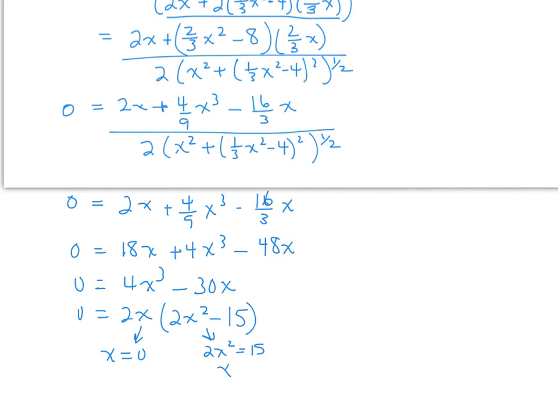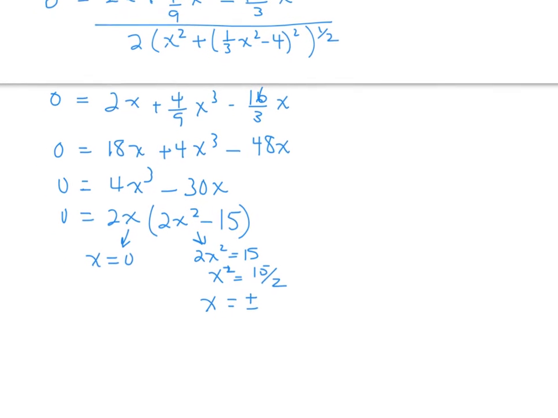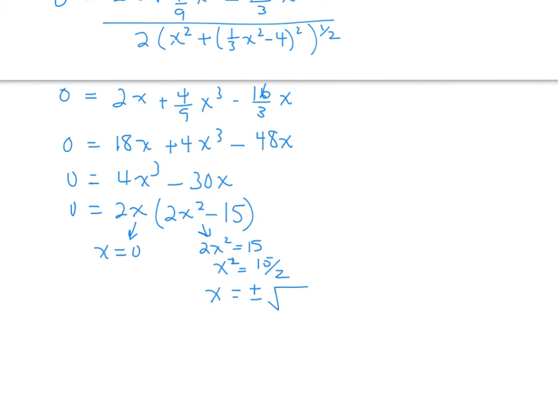Divide both sides by 2, x squared equals 15 halves. x is going to be equal to positive or negative, sorry, square root of 15 halves. All right. From there, we just need to make sure we have our minimum happening.